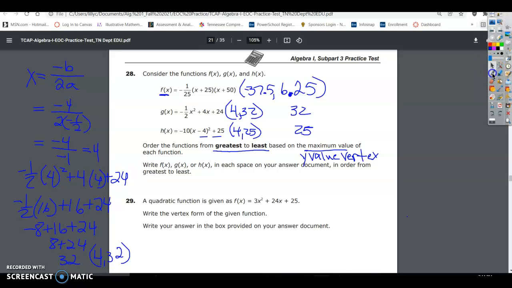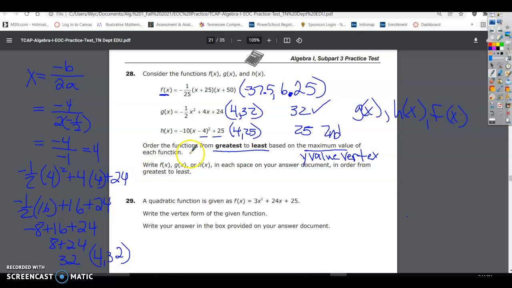All right, now the rest of the question. It says, order the functions from greatest to least by their maximum value. So the maximum is g of x. That's the first one. The second one is h of x. And the smallest maximum is f of x.